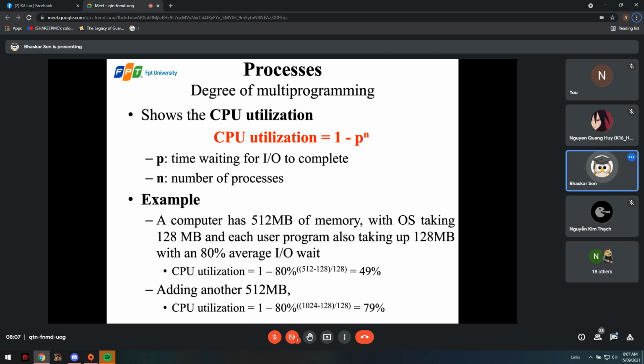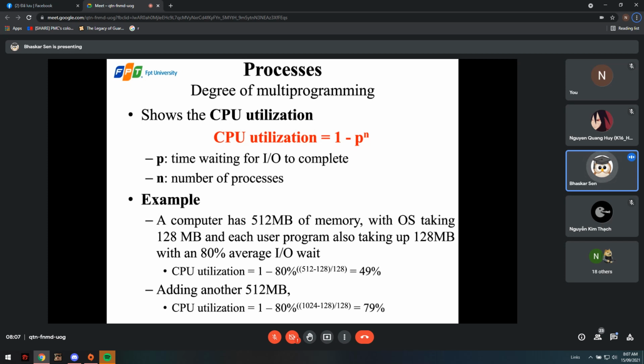Essentially, that's why we expand the RAM, because we want more processes among which we can keep switching the CPU.